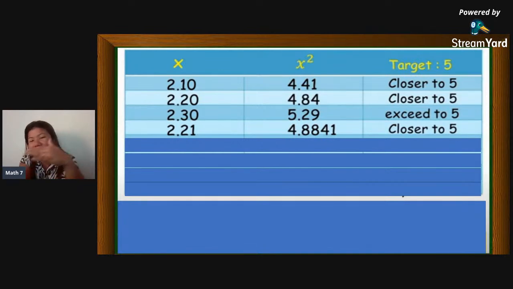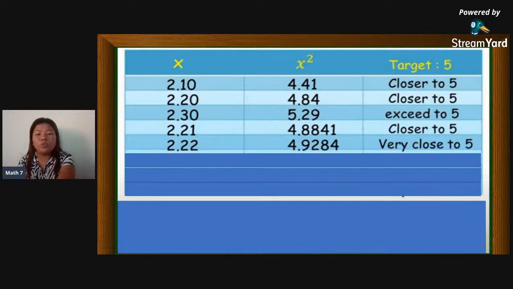Gusto pa natin kasi makuha yung pinakamalapit sa square root of 5. So, add lang tayo ng 1. So, 2.21 times 2.21, we have 4.8841. Malapit na to sa 5.